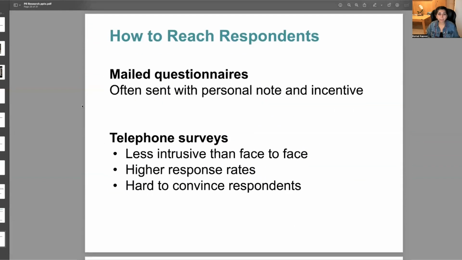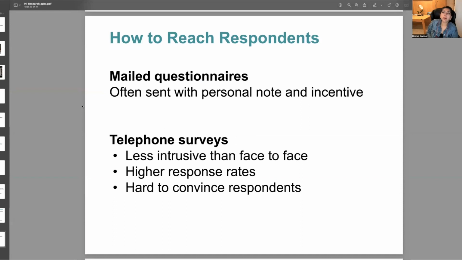Okay. So when we do surveys, there are different ways we can reach them, right? In the past, and maybe even sometimes now, infrequently, you get a questionnaire in the mail. Often maybe there's a census report, a report that comes out. We are supposed to complete it.